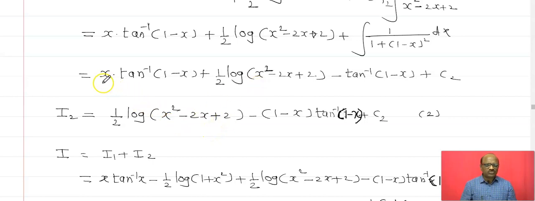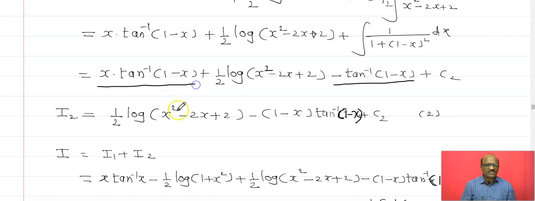Now see these two terms, that is x tan inverse in bracket 1 minus x minus tan inverse in bracket 1 minus x. Now from these two terms we can take a minus sign common, then in bracket you will get 1 minus x, bracket complete, tan inverse in bracket 1 minus x plus c2. If we take these two terms, that is minus tan inverse in bracket 1 minus x and x tan inverse in bracket 1 minus x.